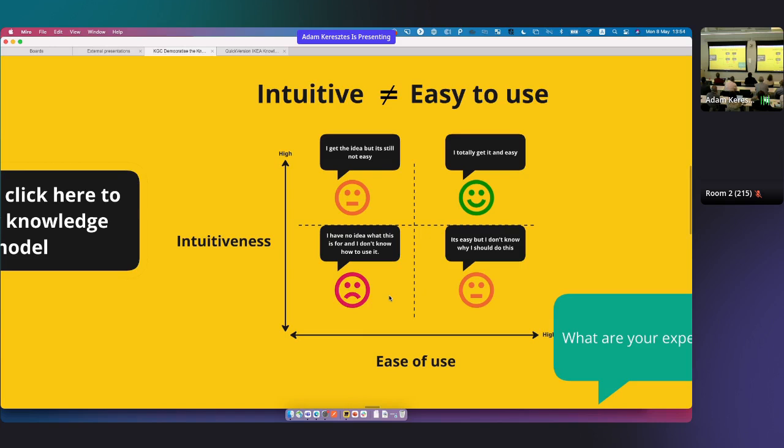I get the idea, but it's still not easy to accomplish the task. On the bottom right, it's easy, but I don't know why I should do this. And of course, we want to go to the top right, where I totally understand what this is for, and it's easy for me to accomplish it.